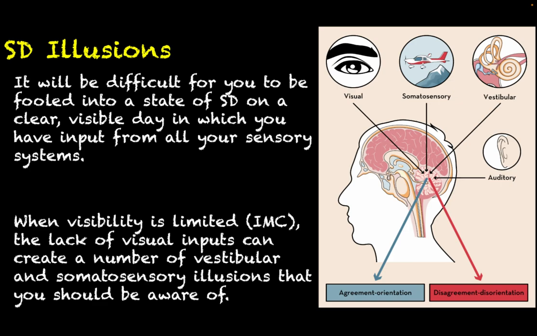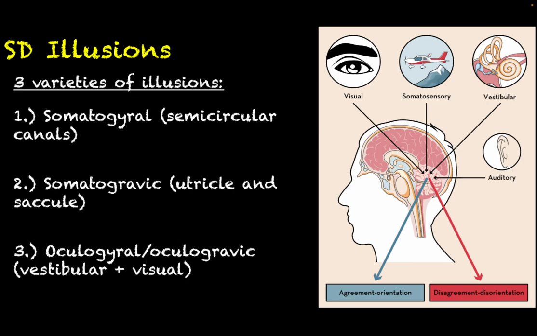So what your brain will naturally try to do is fill in that gap of information with other pieces of information, like what is coming from my muscles and joints and skin, what's coming from the inner ear. And that's all fine and dandy, but each one of our sensory systems has limitations associated with it. So this is how we can get spatial disorientation. Because of the limitations of vestibular and proprioceptive function, we can get these illusions that we're going to talk about.